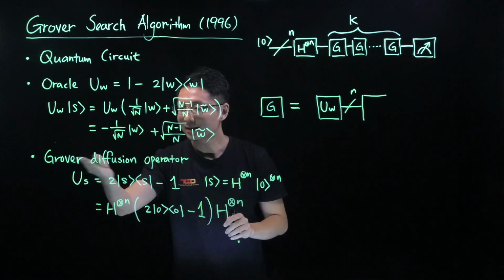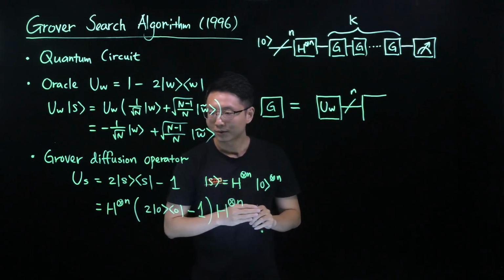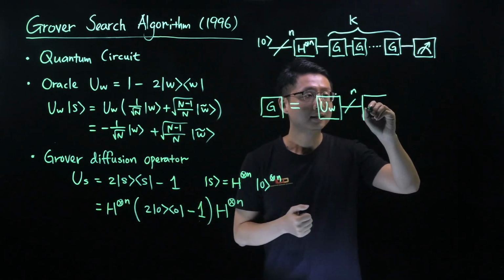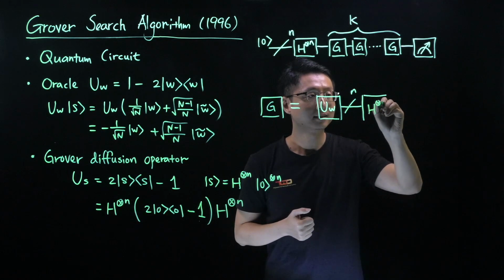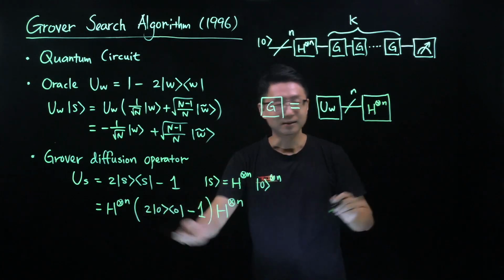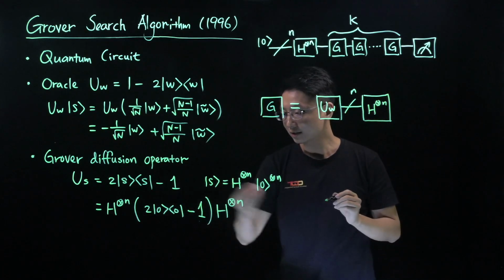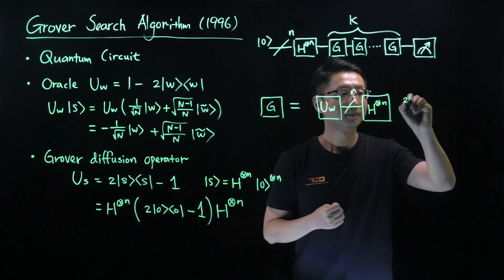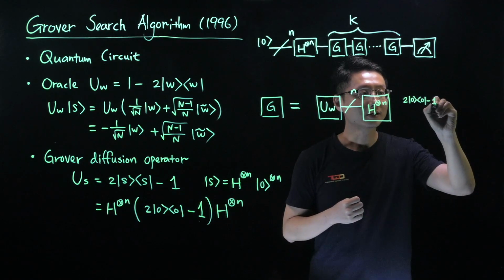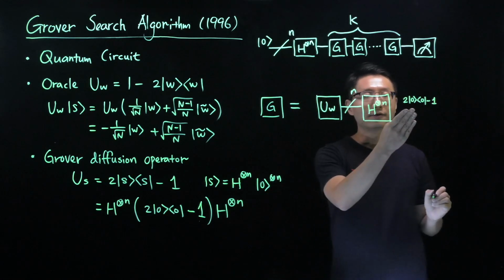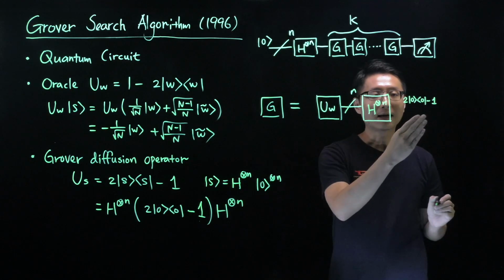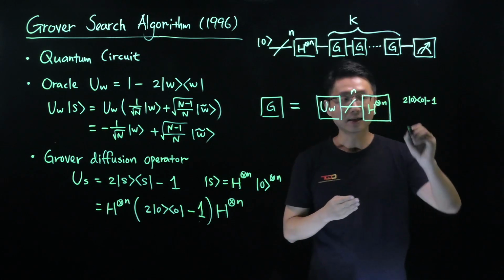So in order to realize the Grover diffusion operator in the lab, we actually do it via 3 steps. The first step is the Hadamard gate, H tensor n, followed by this operation, which is also a conditional phase shift. So you can verify that this conditional phase shift leaves the phase for the 0 state unchanged and flips the phase of all the other states not equal to 0 from plus to minus.